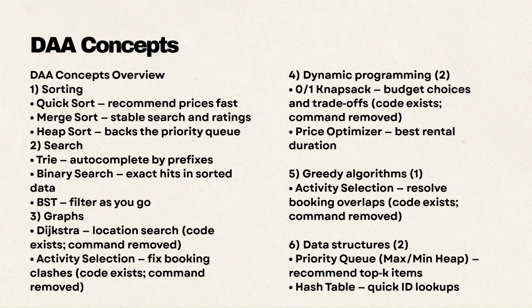Now, binary search tree is explored and added into the parts where it was needed. Then there were graphs, Dijkstra's algorithm. It was used for location search that we implemented. If I am looking for a machine nearby me, I just type the location and the name, and I will get machines nearby me.